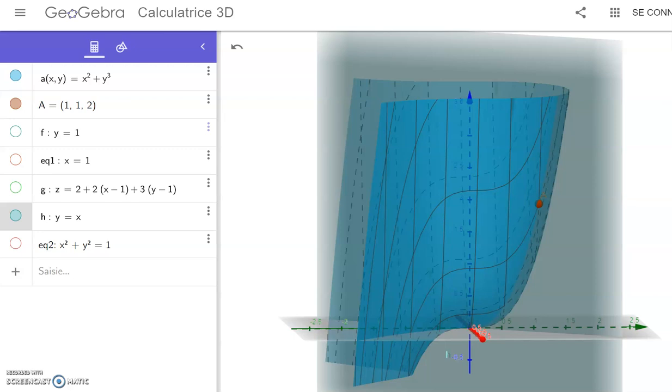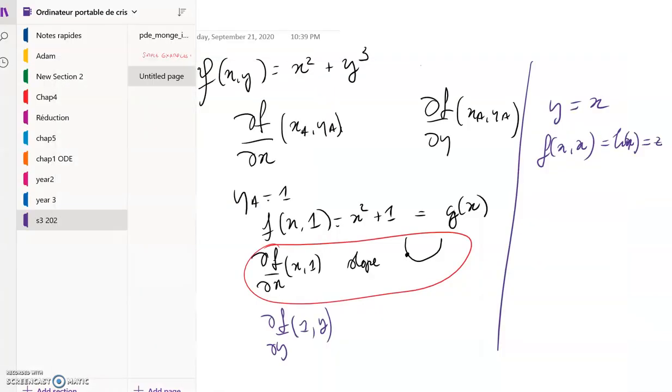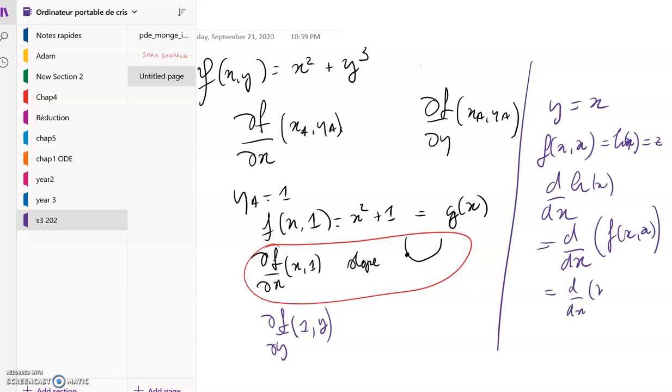And if I want to find the derivative of that curve, the slope of the tangent of that one-dimensional curve, that would correspond to the derivative according to x of h of x. It is the derivative of whatever bears the name x in the expression of f(x, x), which would just be d over dx of x^2 plus x^3.